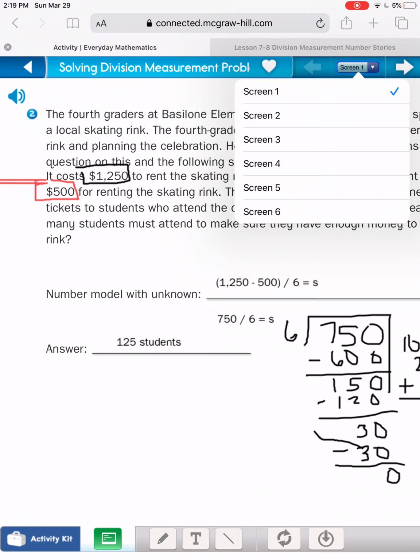We had to convert liters to milliliters and hours to minutes. Make sure you're writing a number model that makes sense. Also make sure that when you write your answers, you have your unit. In this case, our unit was students because they needed to know how many students needed to attend.